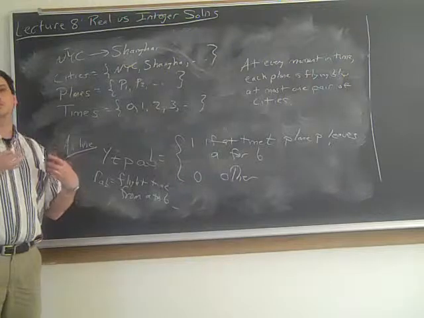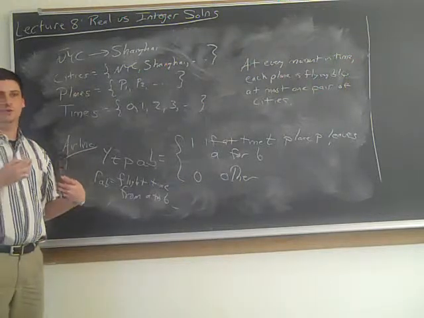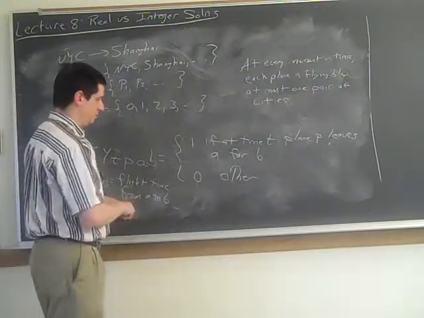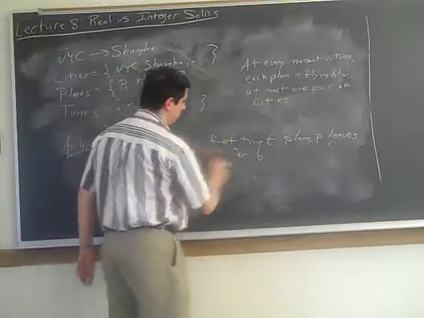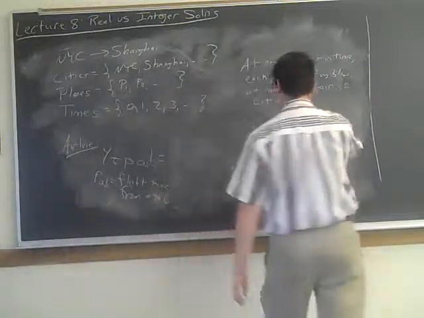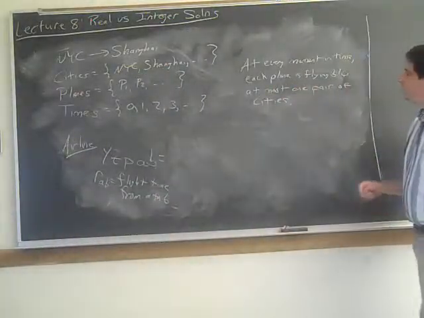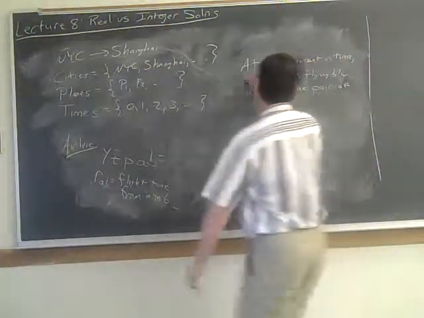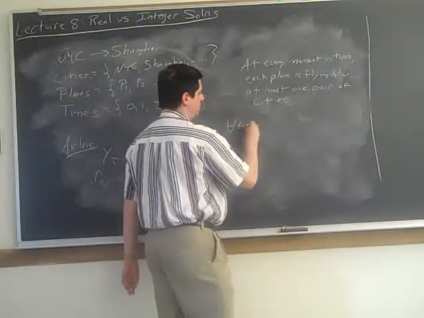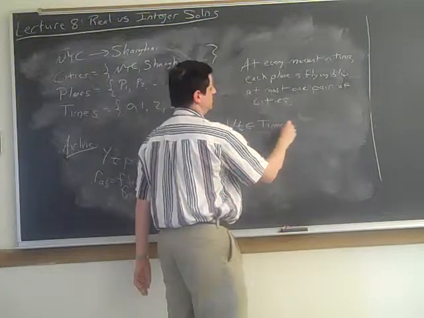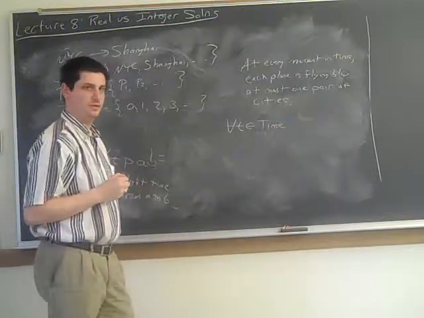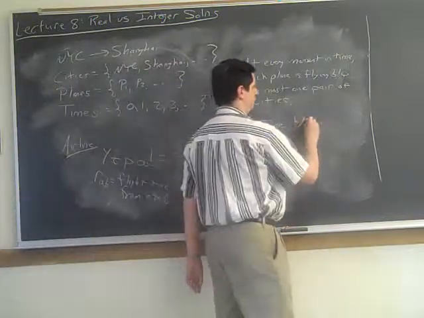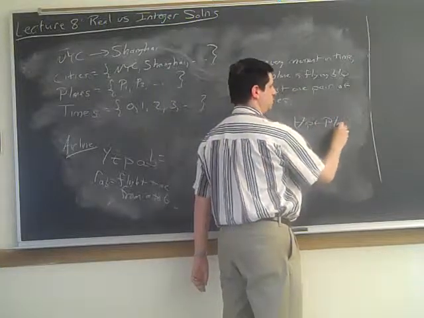Then you know it couldn't have started too far in the past, or it wouldn't be allowed, right? So let's see how we would try to encode this. And that's a good place to stop. So at every moment in time, so that's for all t in that time set, each plane, so that's for all p in planes.